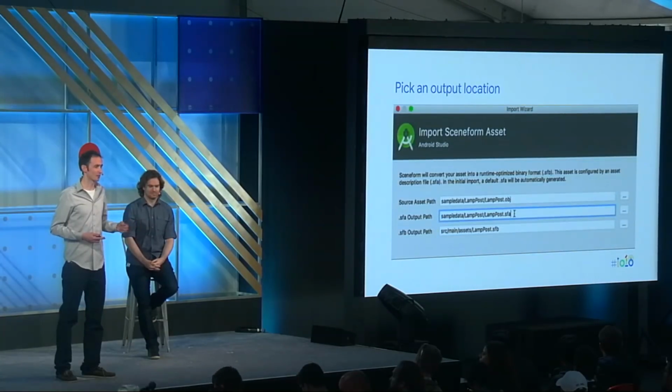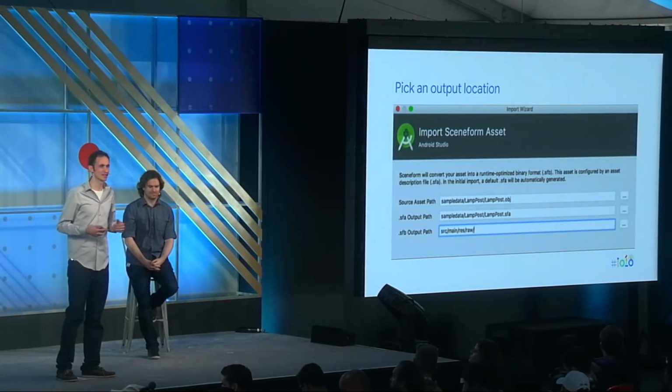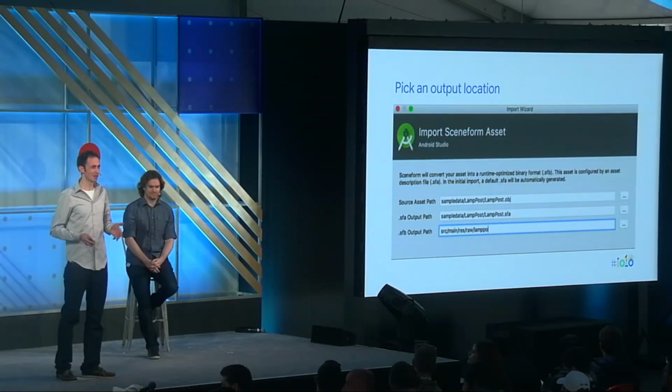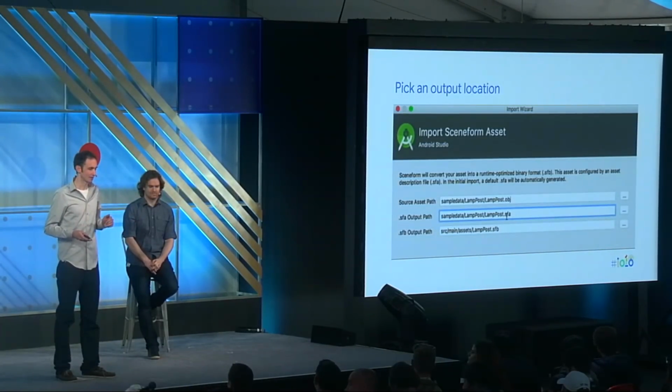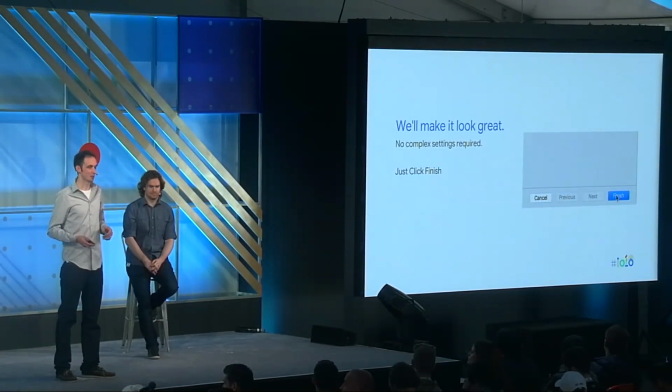You have 2 options here: your assets folder and your res-raw folder. You can put it in either of these. The loading is slightly different when you get to the runtime, but other than that, they'll both get bundled, and it doesn't matter. You can pick whichever one you choose. So that's all we have to do in the import wizard. We click Finish, and we're done.